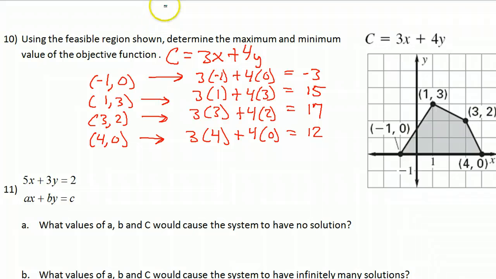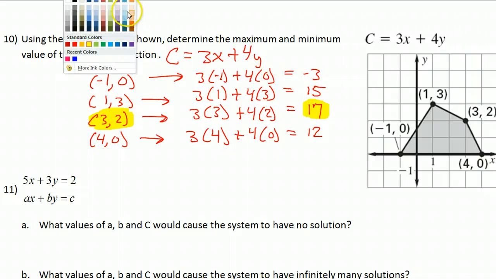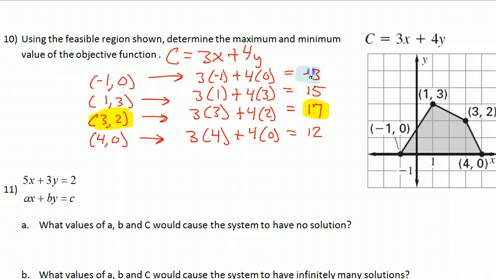So we're supposed to say the max and min. All right, so this is the maximum right there, and this is the minimum right here. Okay, so we just have to say that.